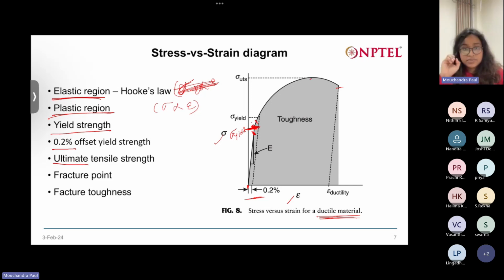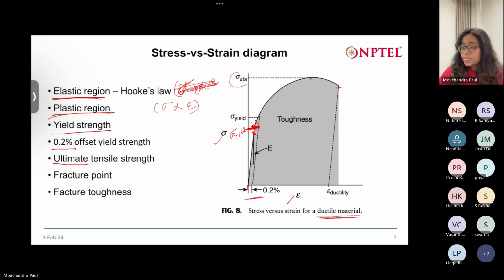If you extrapolate, you get this stress value, and this stress value corresponds to the ultimate tensile strength. Similarly, you can get ultimate compression strength as well. That is the maximum amount of force that the material can endure.